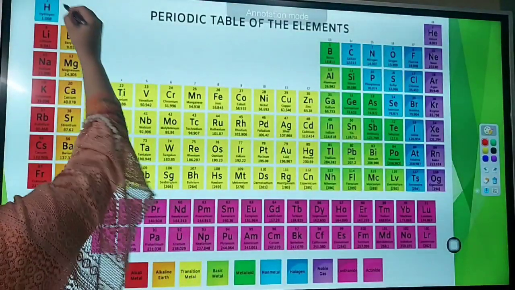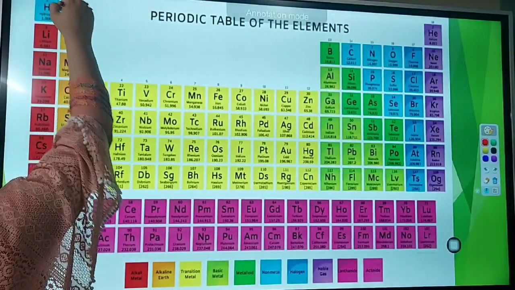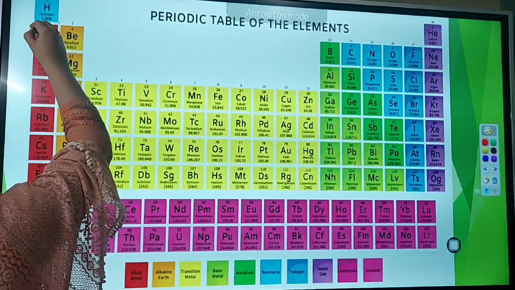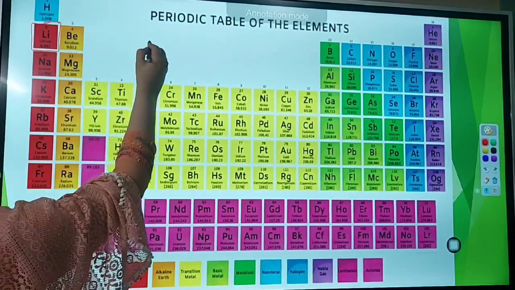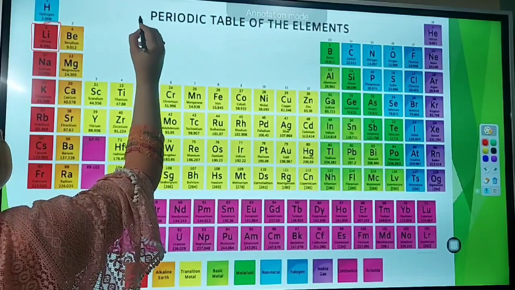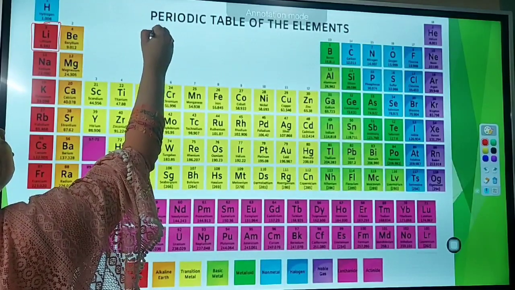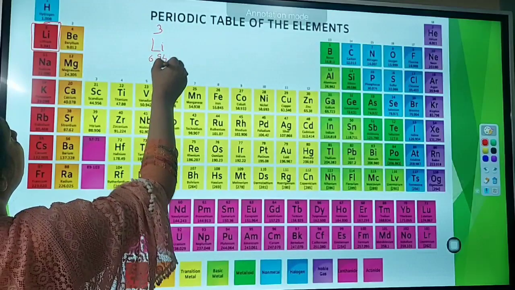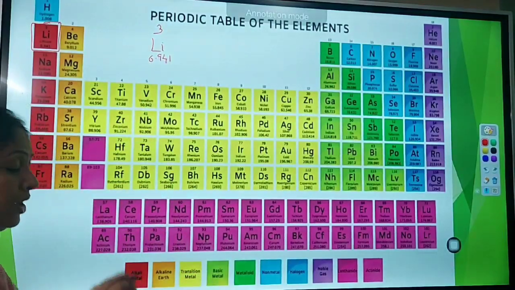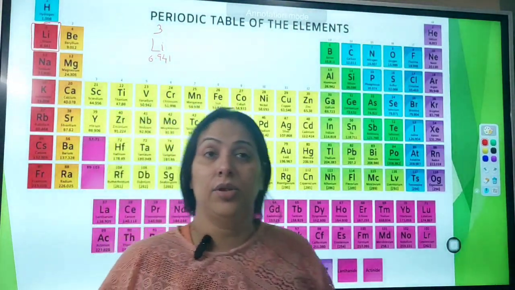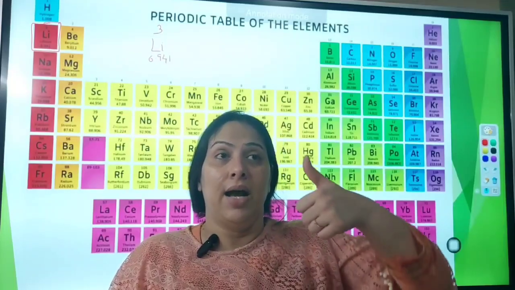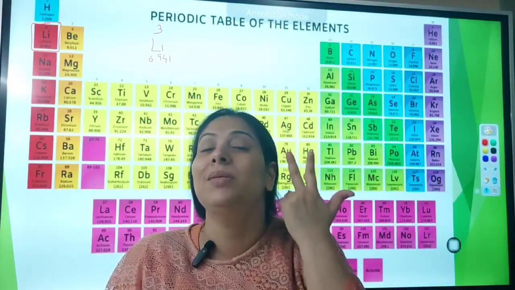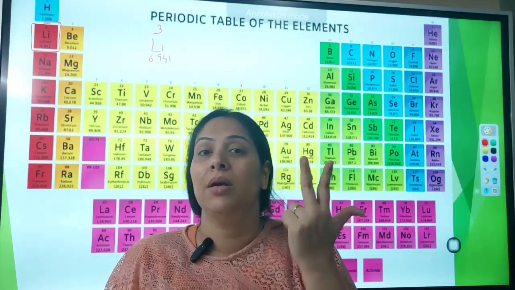So in the periodic table, let me pick up, say, lithium. This one. It says Li. On top it says 3. Bottom it says 6.941. So in the previous chart, we realize that hydrogen, helium, and then lithium. Lithium is the third element.